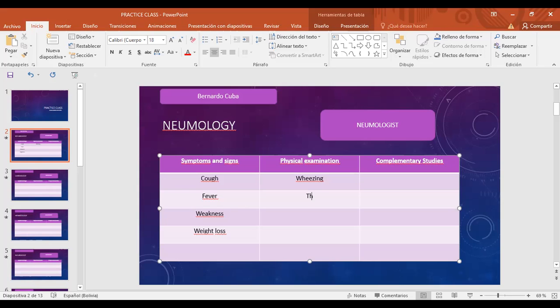Do you know the meaning of thin? Delgado. Yes, yes. I've seen a lot of patients with this infectious disease, right? And they are all very thin. I mean, there are just a few people with a normal range of weight. However, most of them are really thin.